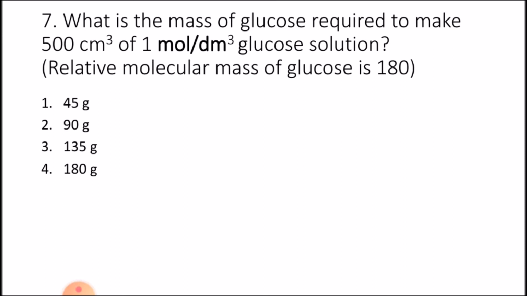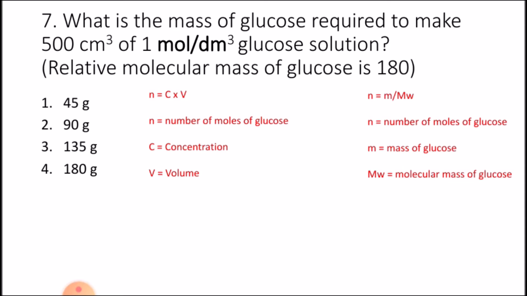So for this we need to calculate what is the mass of glucose required. We can use this relationship and this relationship. First, from the concentration and volume we can calculate the number of moles. Then there's a relationship between the number of moles and the mass. Using that we can calculate the mass required for the preparation.